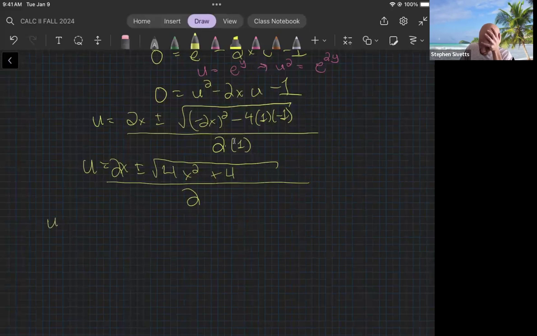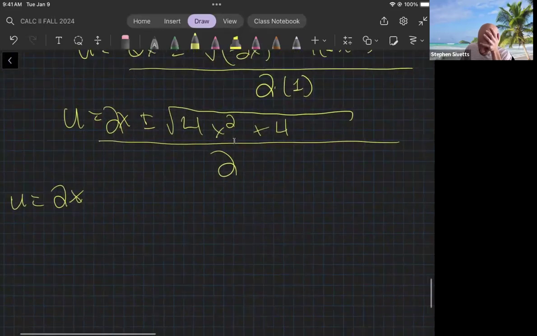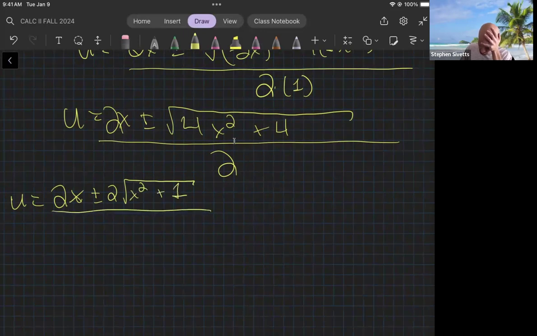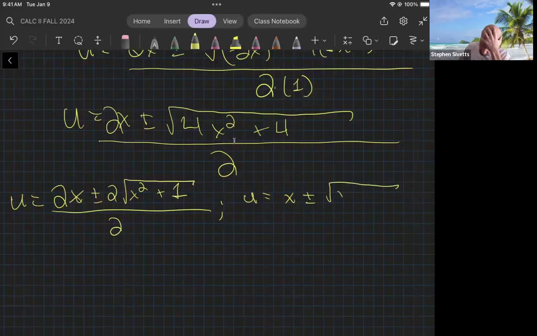This would mean that u is equal to 2x plus or minus 2 times the square root of x squared plus 1, over 2, which means if I divide all those by 2, we'll get u is equal to x plus or minus the square root of x squared plus 1.